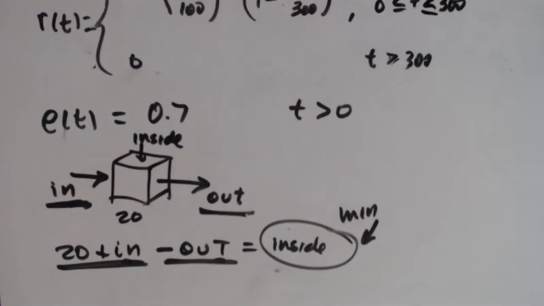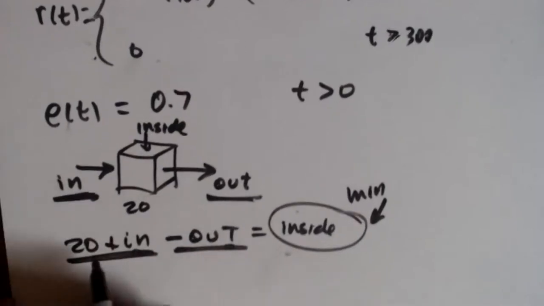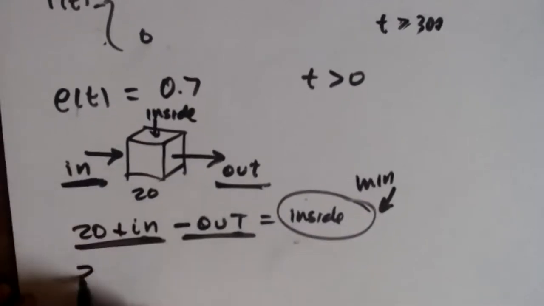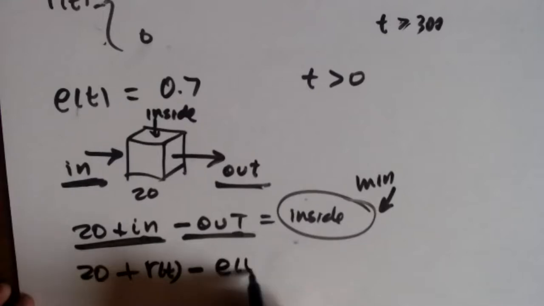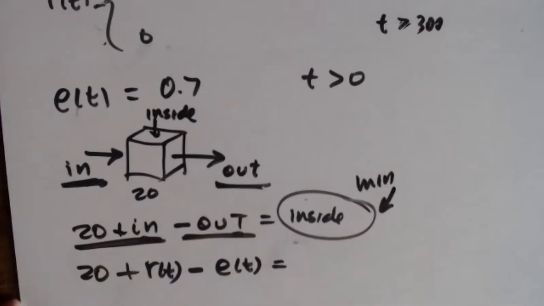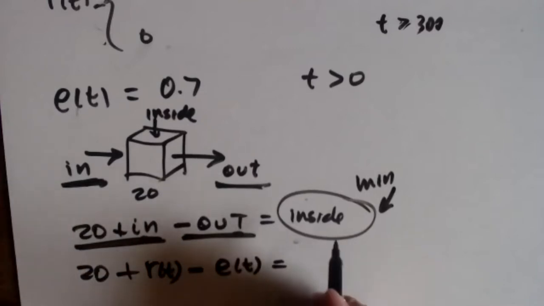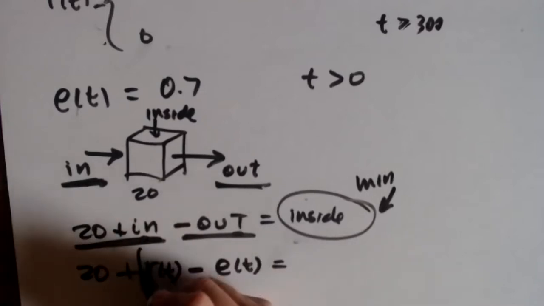The derivative. Let's see. I have 20 plus the integral of R(t) minus E(t), right? This is an integral right here.